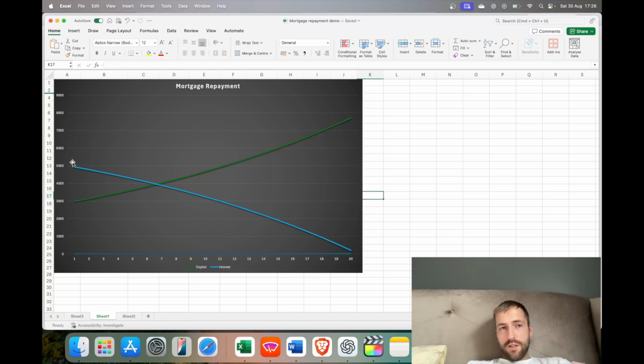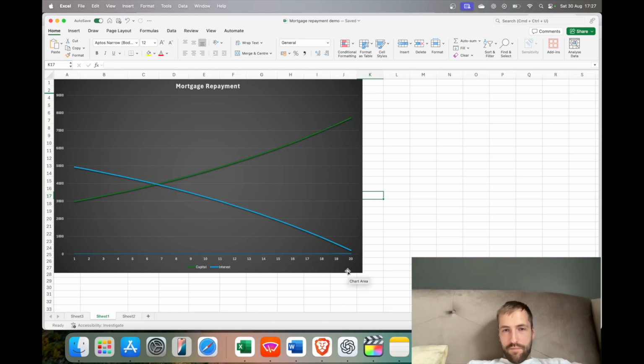So what that means is that the banks really like this initial period because they're getting the most interest from you, which is why they don't like you to be overpaying too much at the start, and they really like to get this initial 7 years where more than half of what you're paying them is interest.